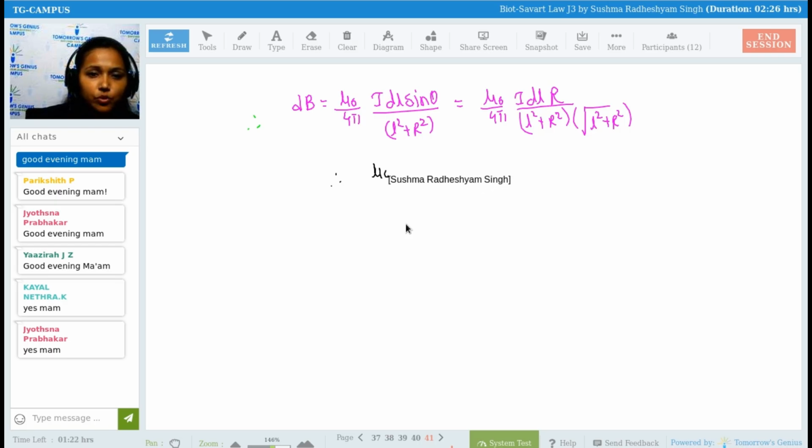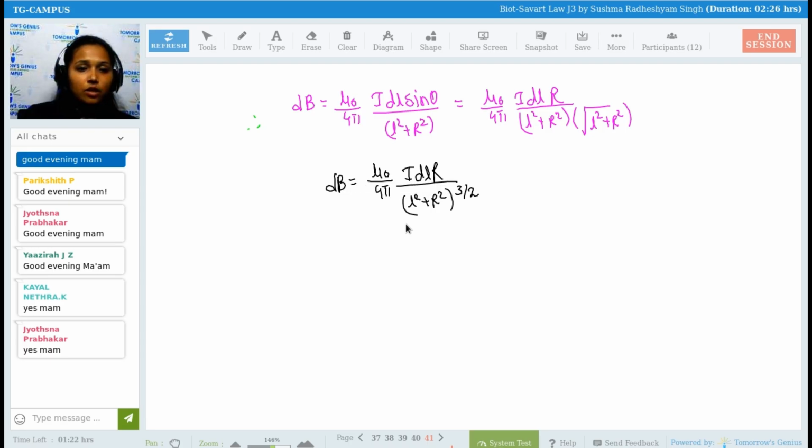Now this is mu naught over 4 pi, I dl R upon L square plus R square to the power 3 by 2. Clear this?